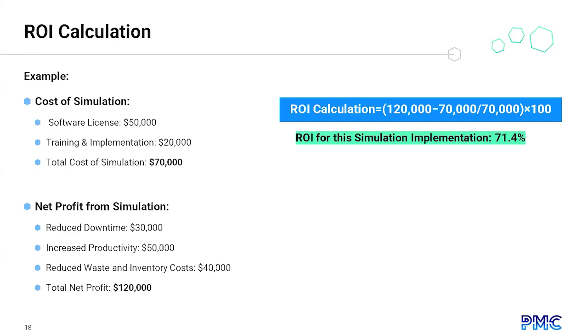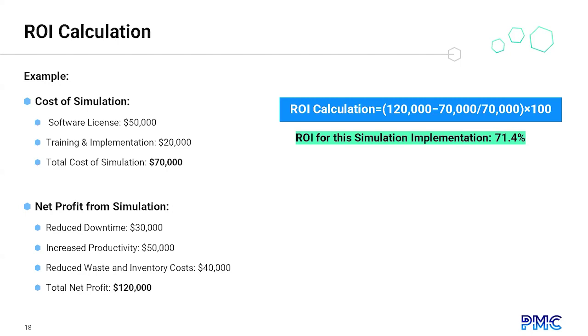Okay. Just putting these numbers into the formula, the return on investment for the simulation implementation is 71.4%. This means that the investment in the simulation is expected to generate a return that is 71.4% higher than the initial cost.